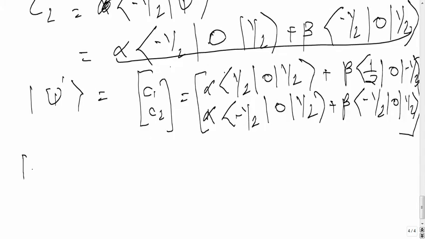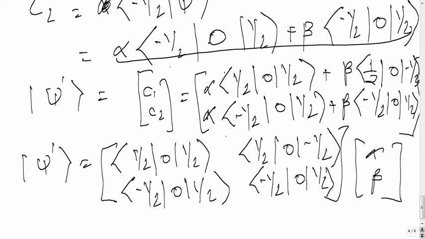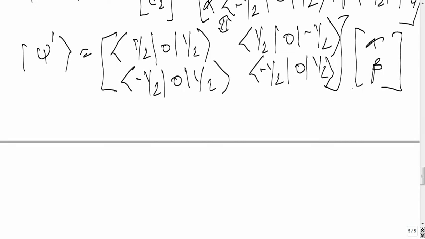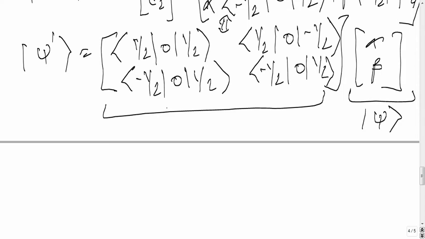Note that this can be written as a multiplication between a matrix and a vector like this. Note these two are the same, because if you multiply this matrix with this vector, you would get this vector. This is nothing but the vector representation of the state psi, the general spin state, and this is nothing but the matrix representation of this arbitrary operator O acting on this two-dimensional Hilbert space.